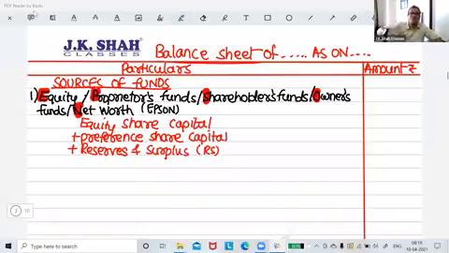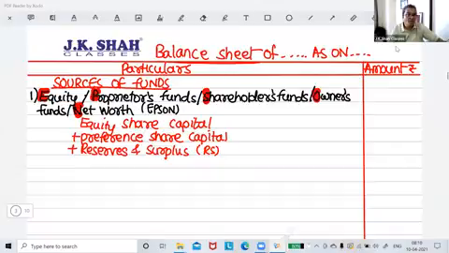Whenever we revise orally, reserves and surplus, RS. Okay, what is reserves and surplus? Can I say they are accumulated profits? Right? If the owners enjoy the accumulated profits, then they should bear the losses also.